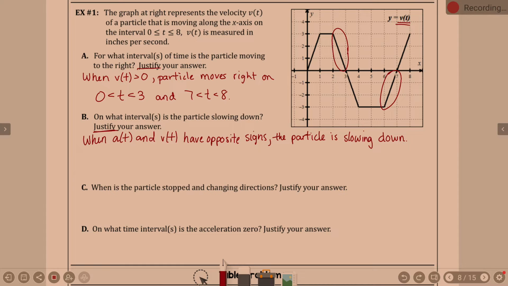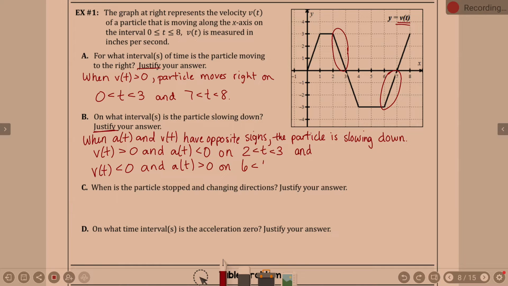Let's see. v of t is greater than 0, and a of t is less than 0 on 2 less than t less than 3, and v of t is less than 0, and a of t is greater than 0 on the interval from 6 to 7.